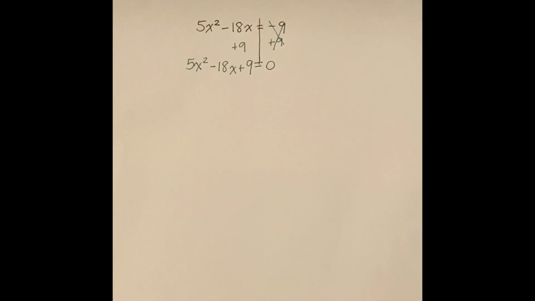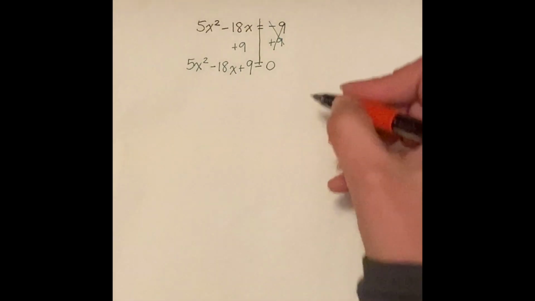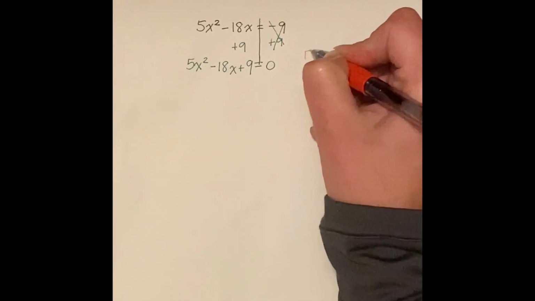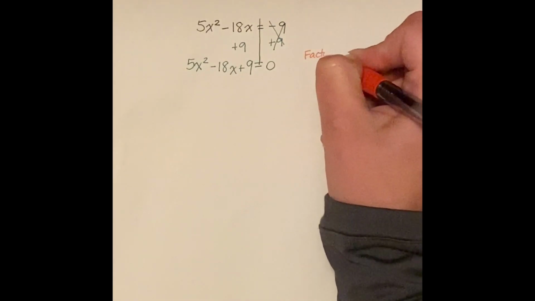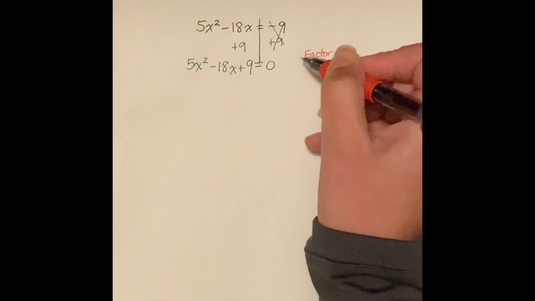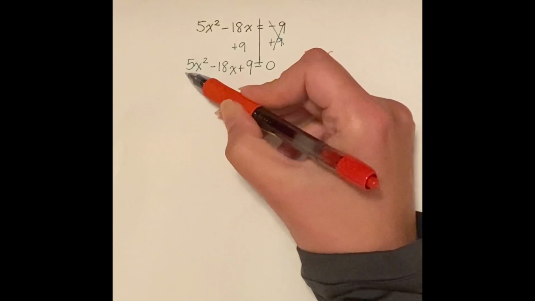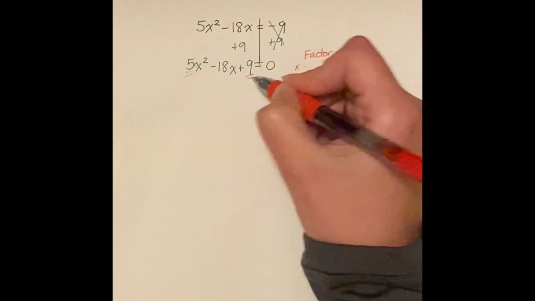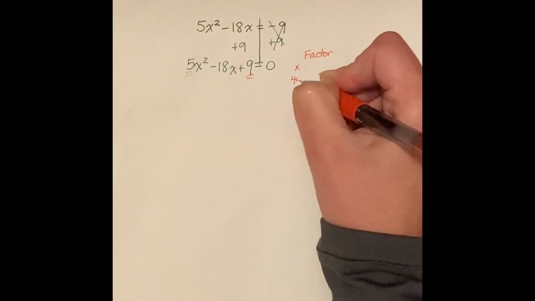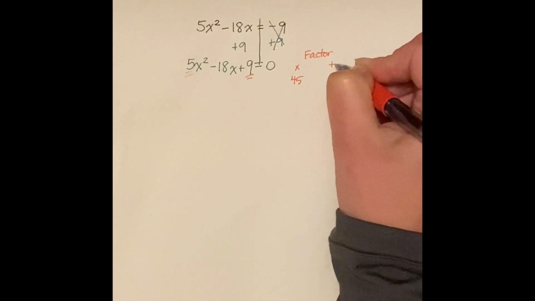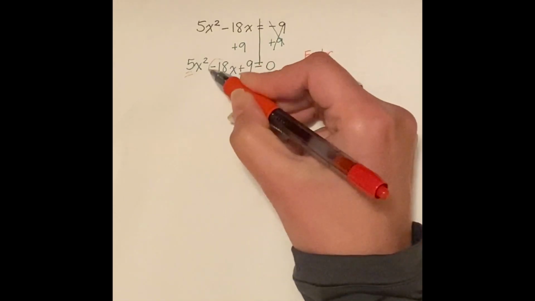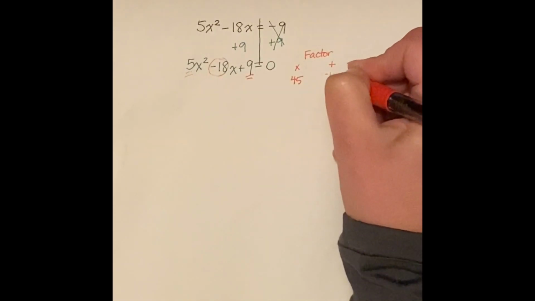So the next thing we need to do is look for our magic numbers. Remember, we are looking for two numbers that will multiply to 45, because 5 times 9 is 45, and they will add to -18, our b value.